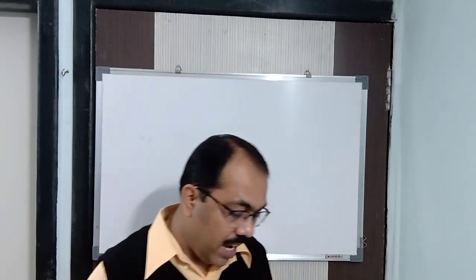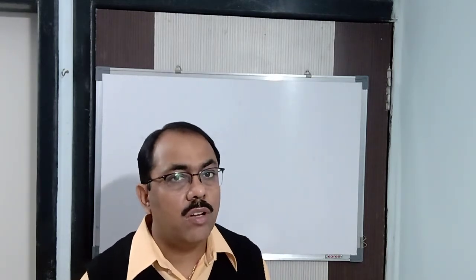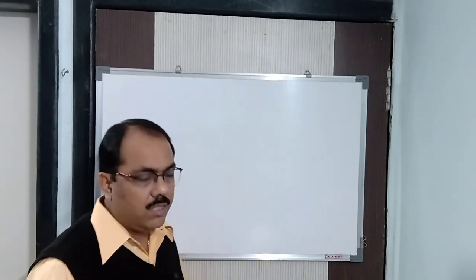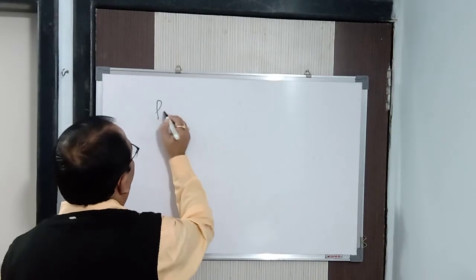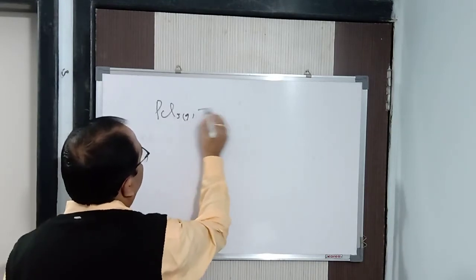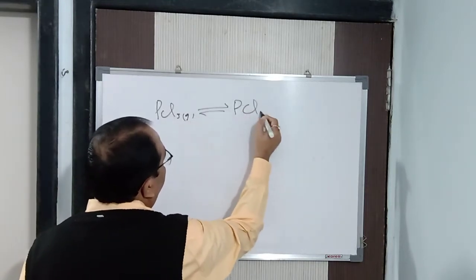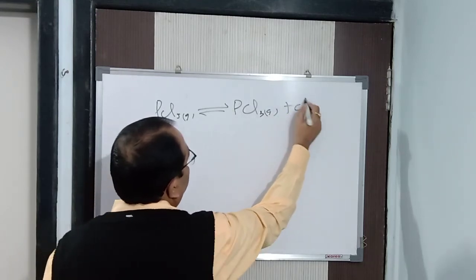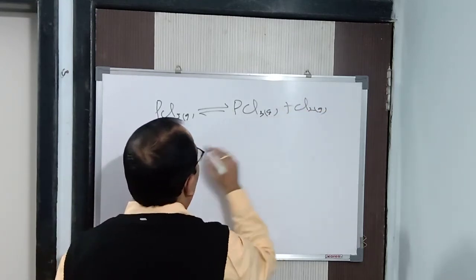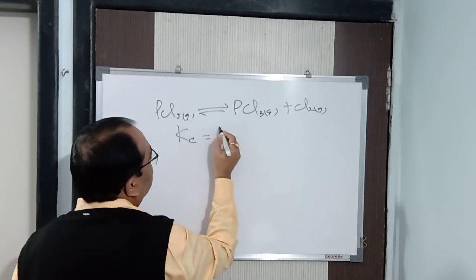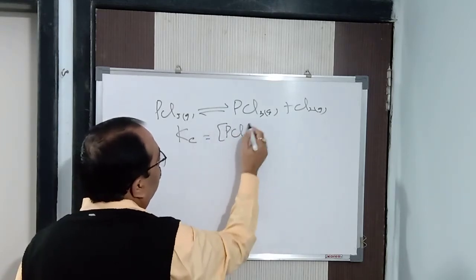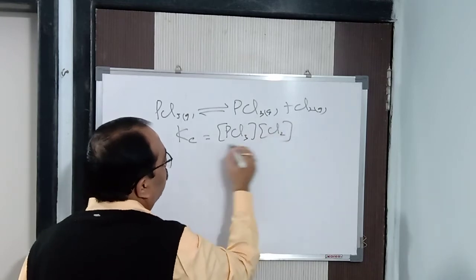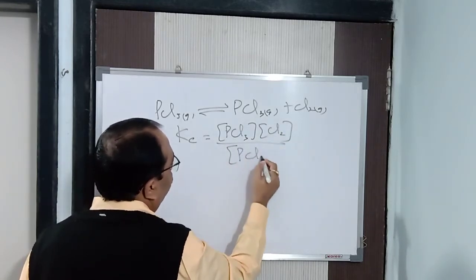Now next is, if a reaction is reversed, the value of equilibrium constant is inversed. Let us say our reaction is PCl5 gas gives PCl3 gas plus Cl2 gas. So equilibrium constant Kc is the concentration of PCl3 into concentration of Cl2 by concentration of PCl5, isn't it?